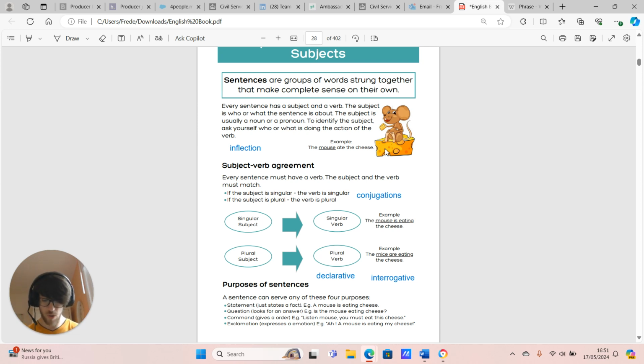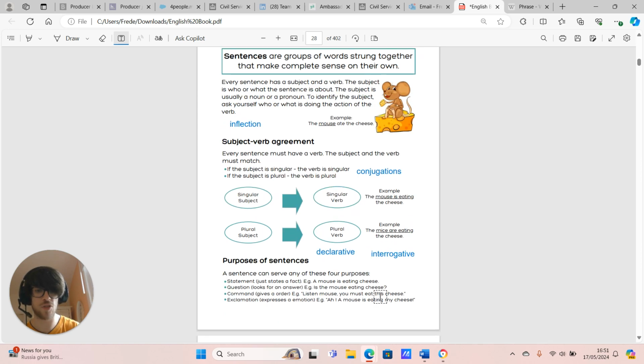So your third purpose of a sentence here is a command. That is when we are giving an order. We require something from someone. This, your third kind, a command, requiring something from someone, scroll down a bit, is called an imperative. It is imperative you must do this.